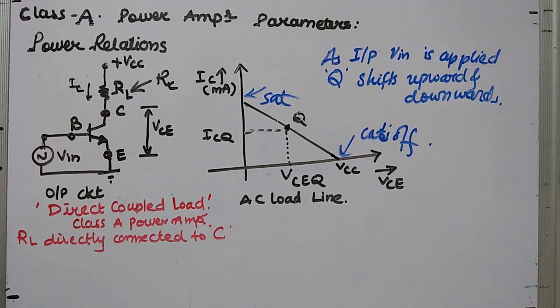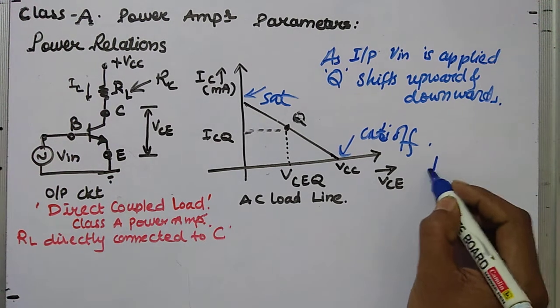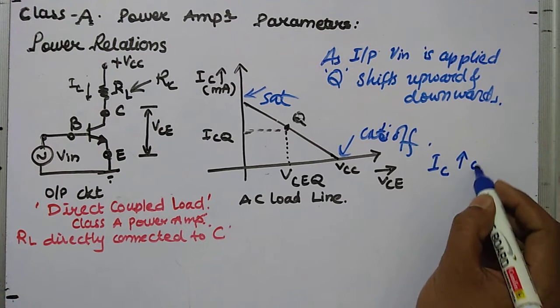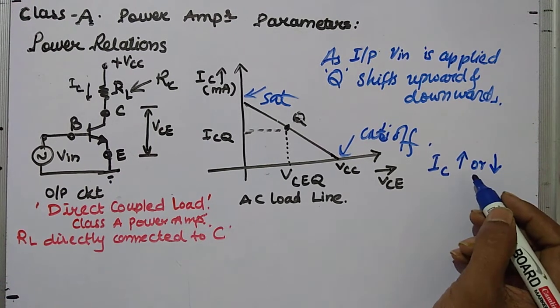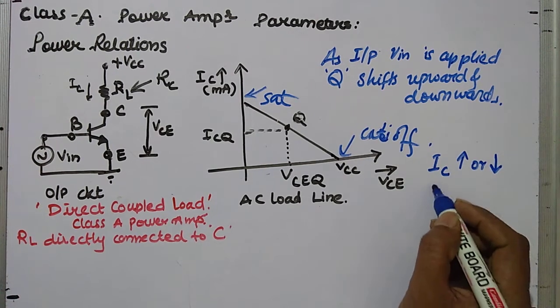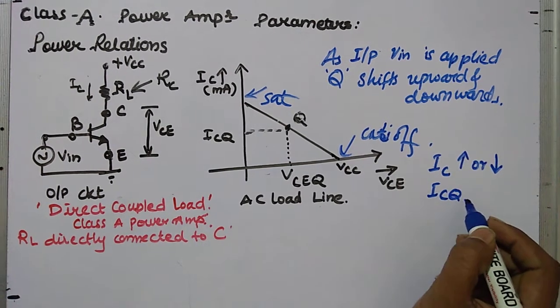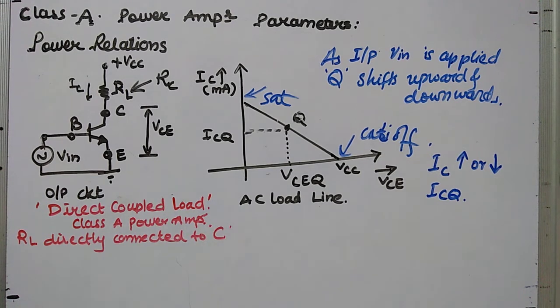Accordingly, the output collector current will increase or decrease from its quiescent value, and the value of the quiescent current is ICQ. So as the Q point is shifting, the value of collector current is also shifting, increasing or decreasing depending upon the input signal.